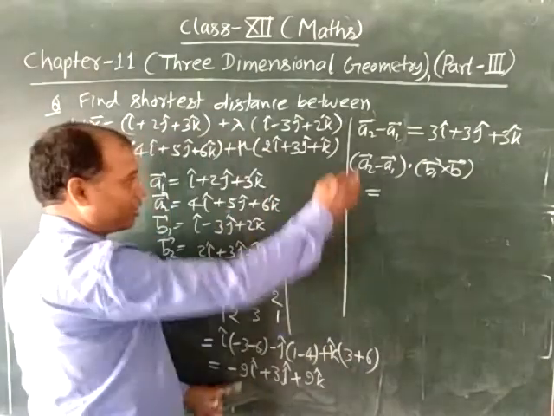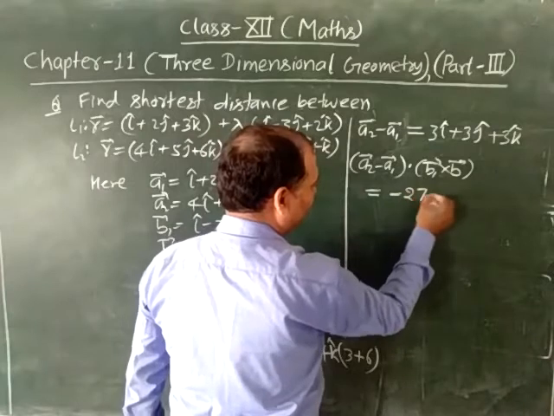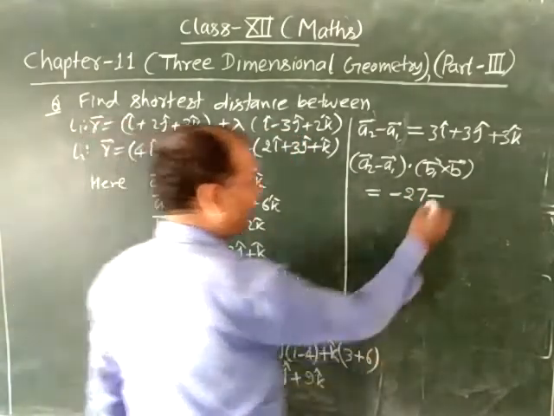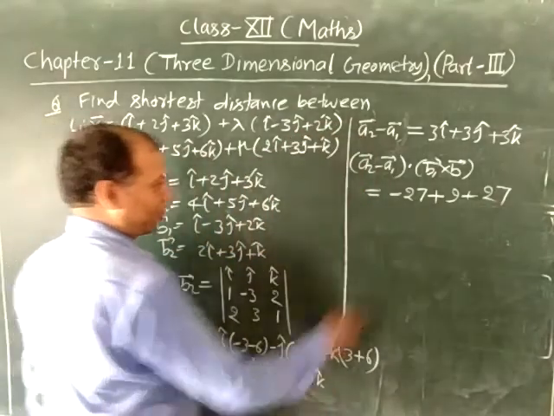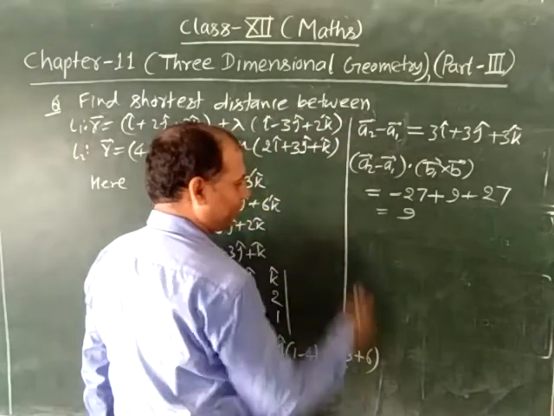So this becomes minus 27 plus 9 plus 27. So this is equal to 9.